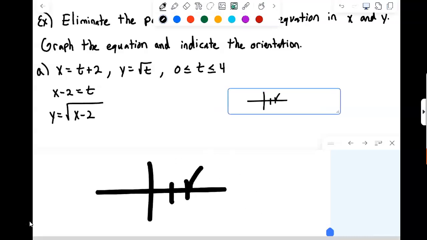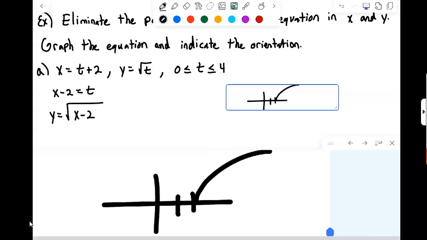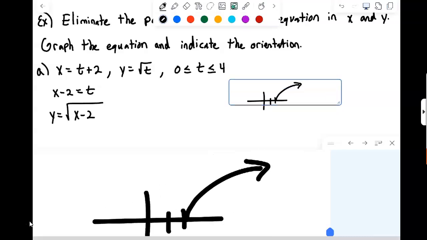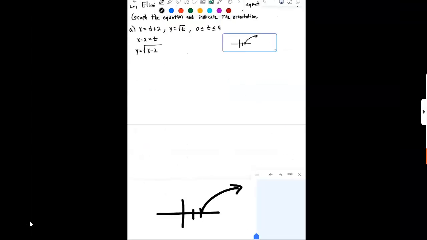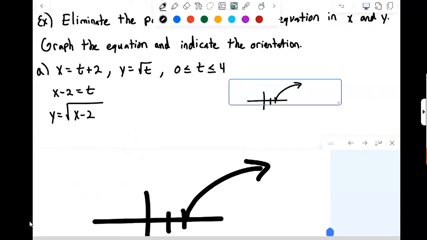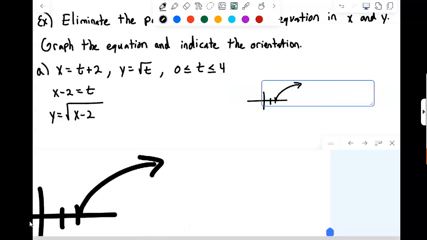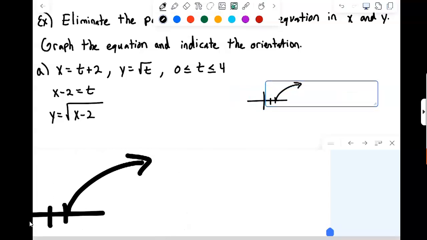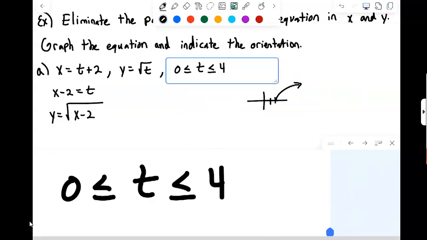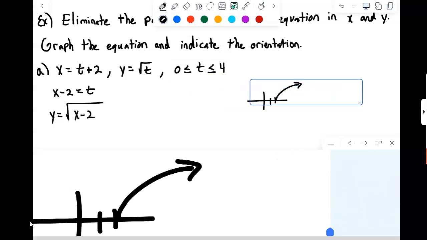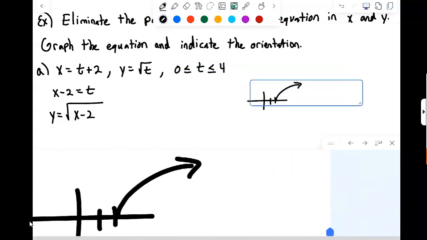Remember, that's kind of half of a C, half of a U. If you looked at the graph, it's going up, half of it, it would be half of the U shape, but it's just the top half. So that's the graph.